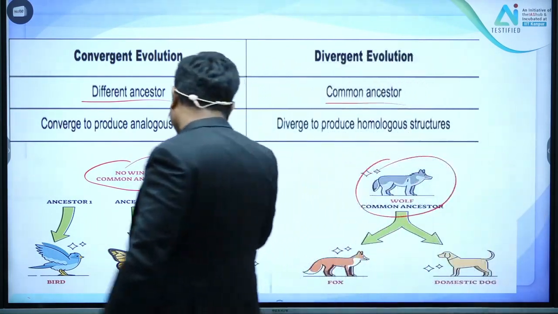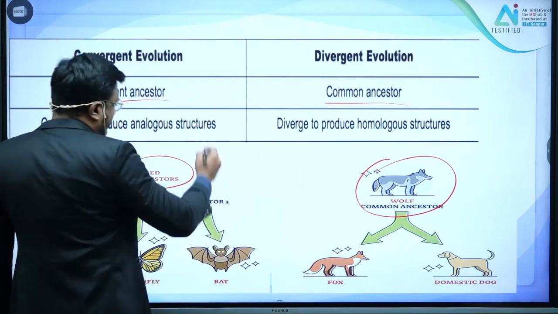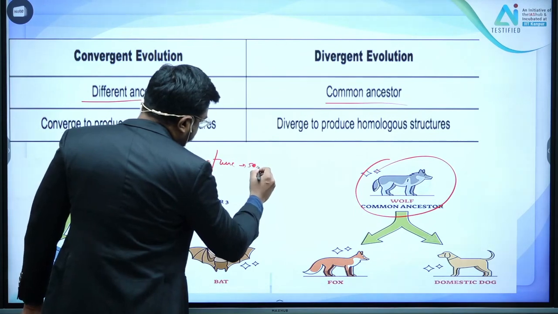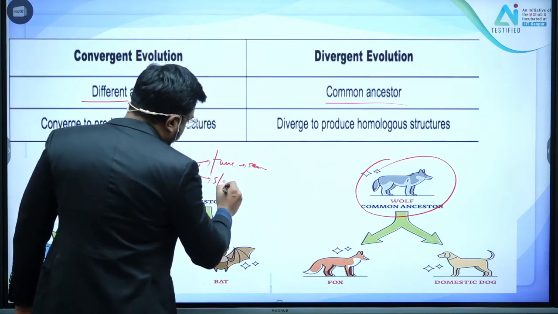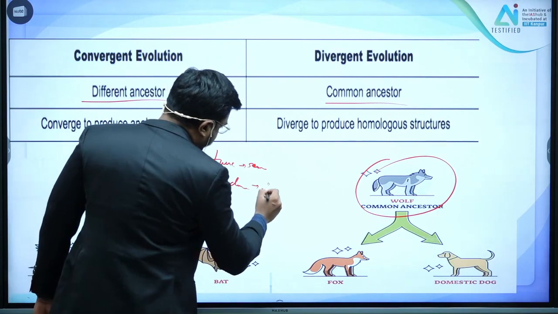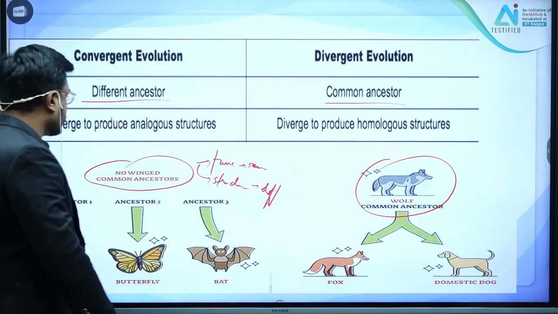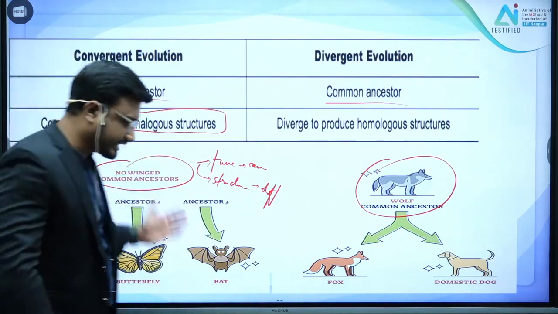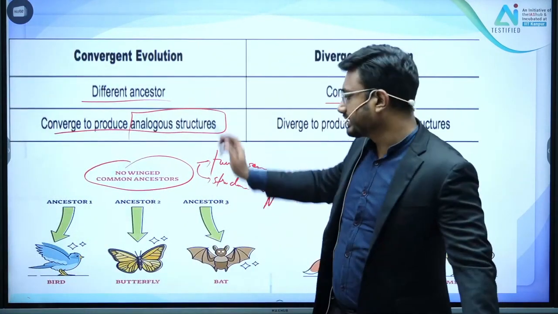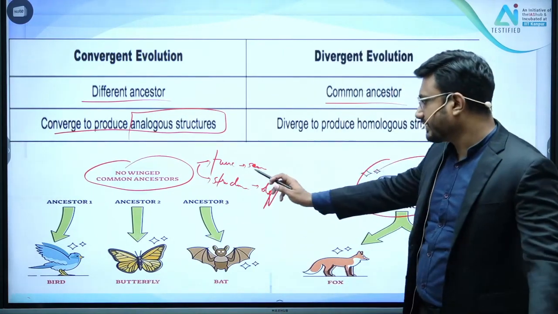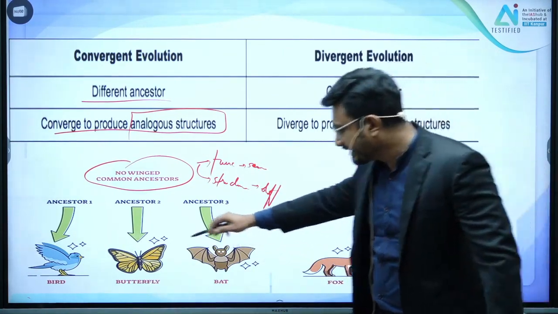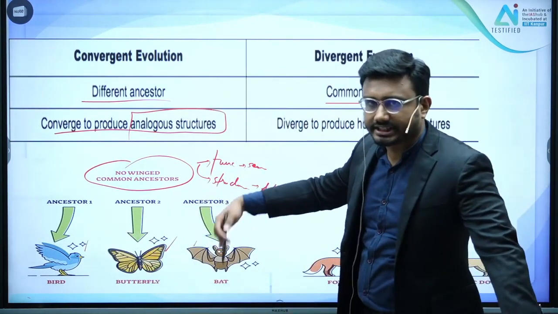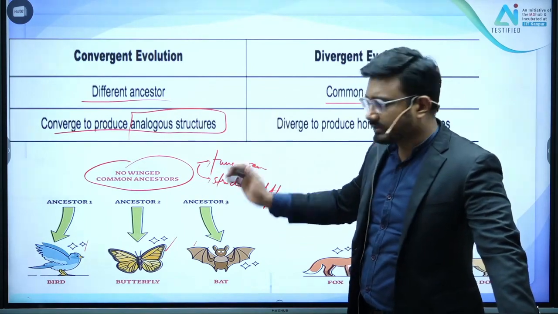In the case of convergent evolution, the function is the same, but the structure of their wings is different. So they converge to produce analogous structures. The function is the same, that is flying, whereas the structure of the wings is different, as we can see here. But all three use the wings for flying. That is the similar function.